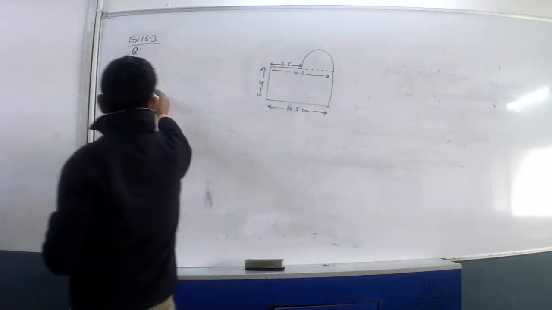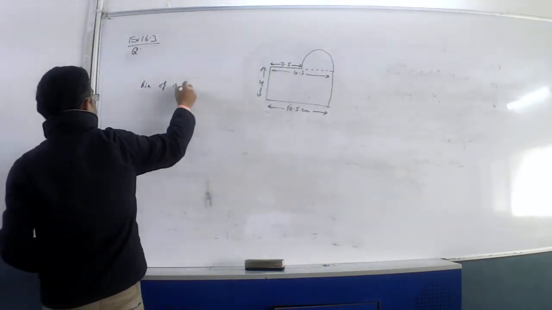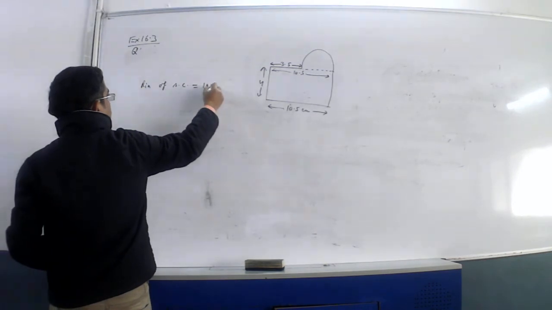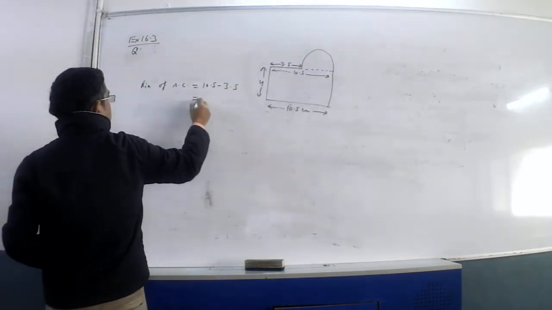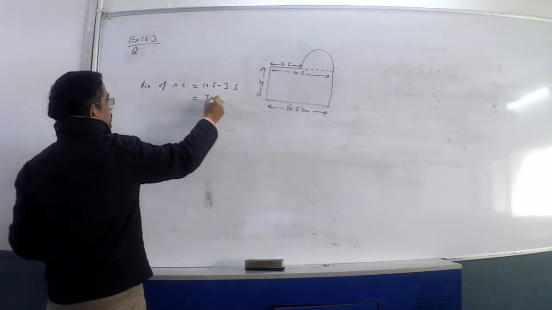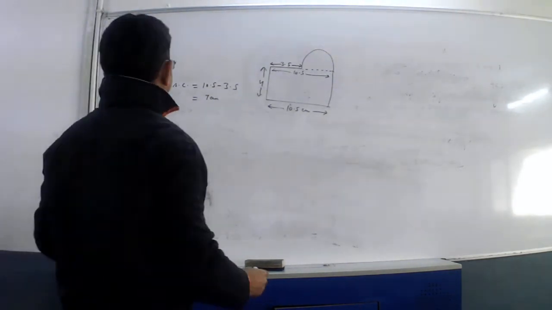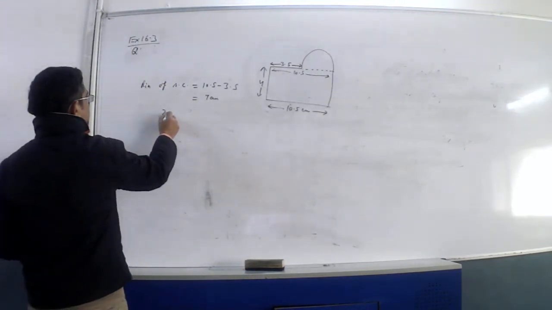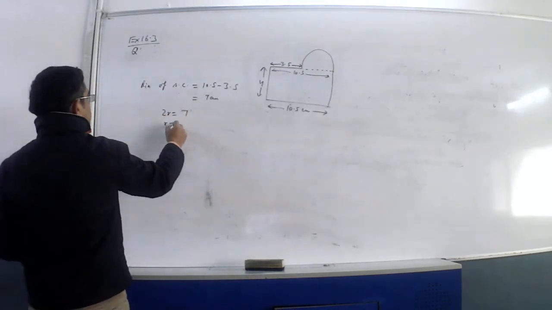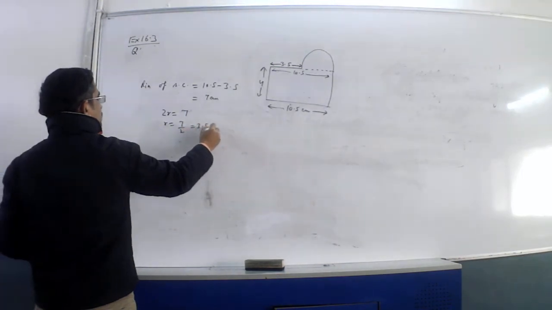So you can write the diameter of the semicircle is 10.5 minus 3.5, that is 7 centimeter. So the diameter was not given, so we found the diameter of the semicircle, and you know diameter is 2r is 7, so r equal to 7 by 2 or 3.5 centimeter.